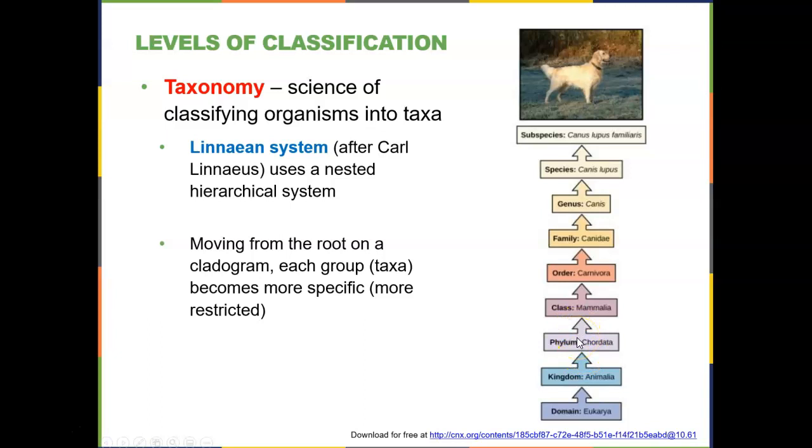Then from phylum, we go to class, class to order, order to family, family to genus, genus to species. It's not until we get to the species that all of the organisms within it are able to mate and reproduce, producing individuals that are both alive and themselves fertile.